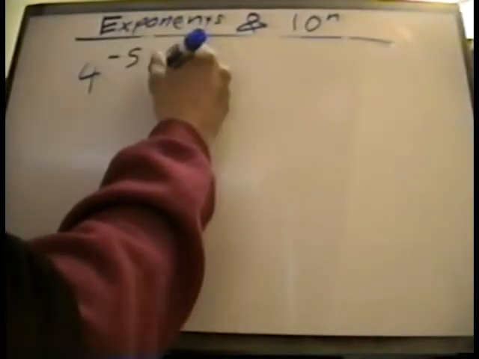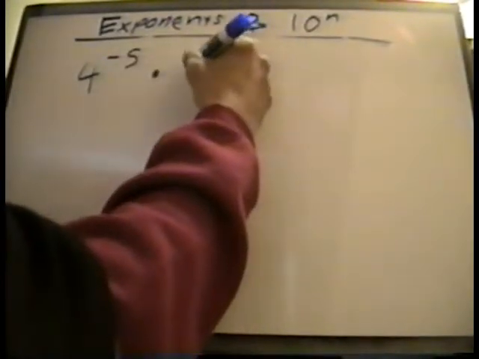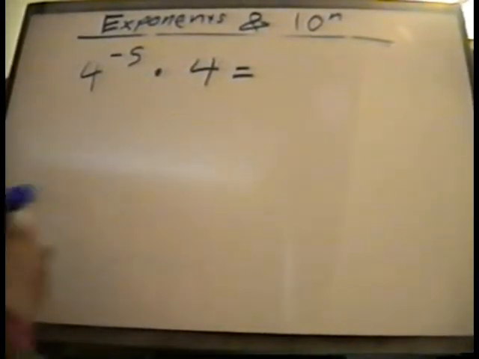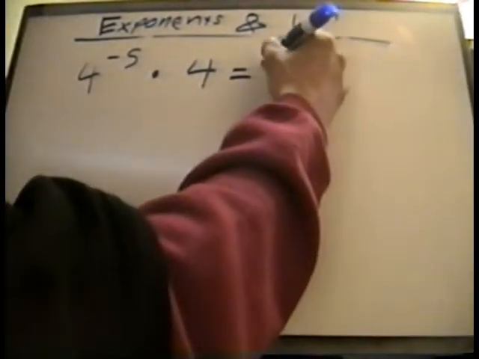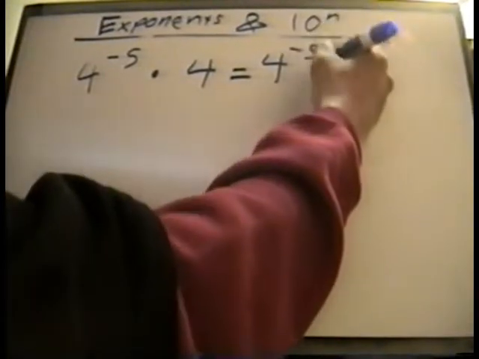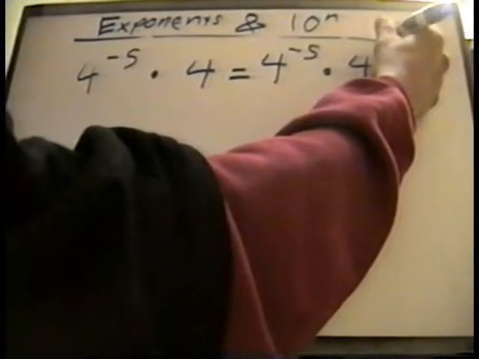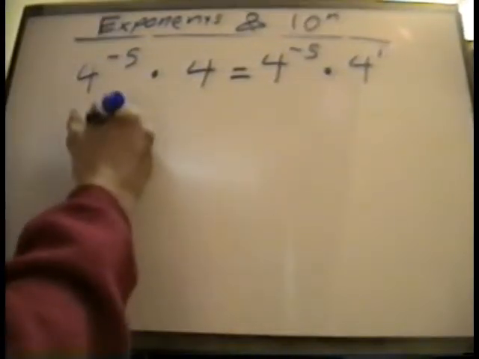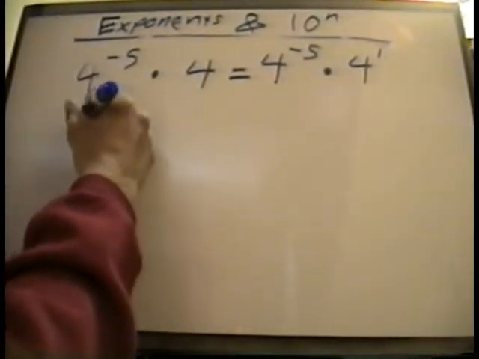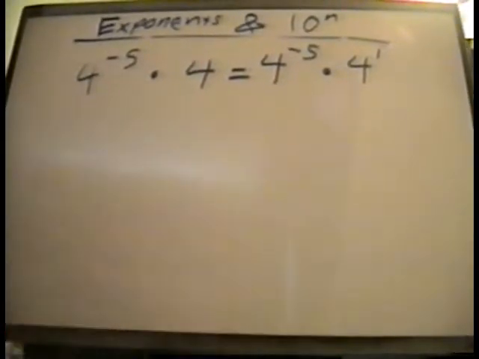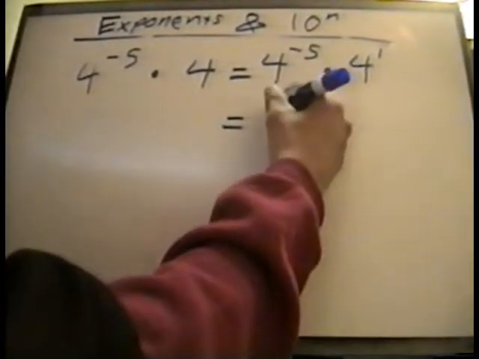That's going to give you 4 to the power of -5 times 4 to the power of 1, because 4 equals 4 to the power of 1. That gives us 4 to the power of -5 plus 1.